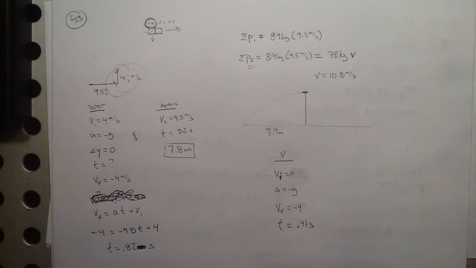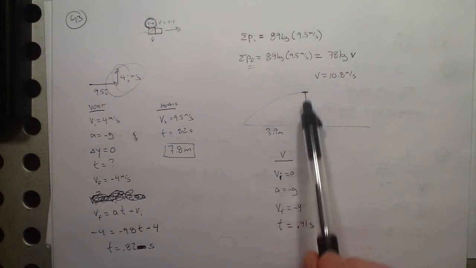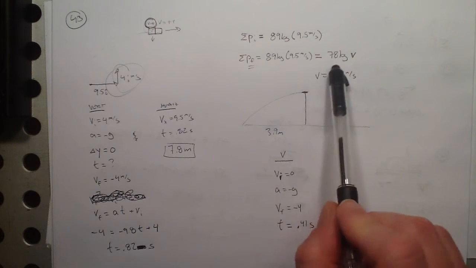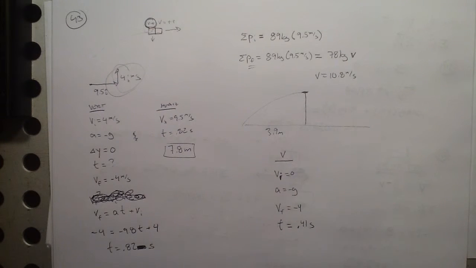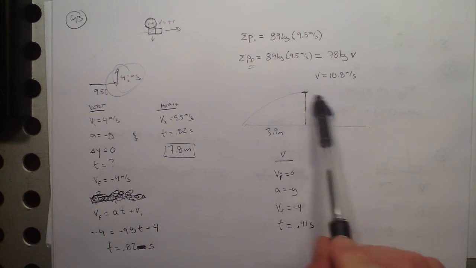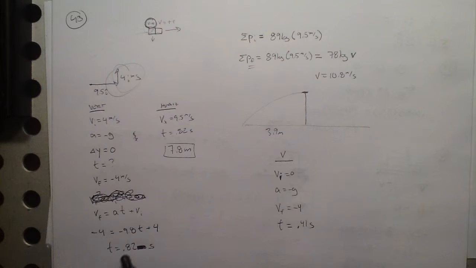So you could do that if you wanted to, but maybe we should have just realized it's halfway there. It's also going to be half the time on the way down because we're not giving it an extra boost up or forcing it to go down. So that time will be the same, or, well, same for that half. So half of this. And now we just have to figure out, well, there's our new velocity.